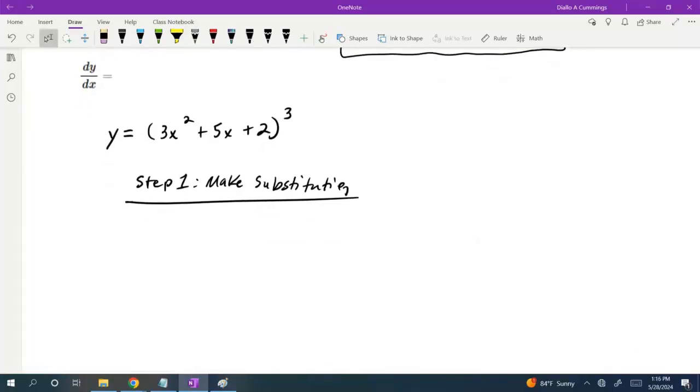So we're always going to substitute that innermost function with the variable u. So when we substitute, we always substitute out the innermost function. So I'm going to let u equal 3x squared plus 5x plus 2. And now I can simply let y equal u to the third power. Right, so we substituted u for 3x squared plus 5x plus 2. And now we can simply let y equal u cubed.